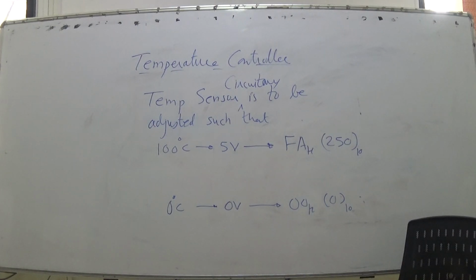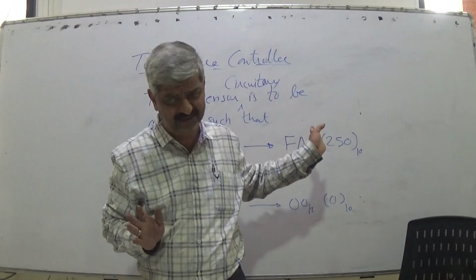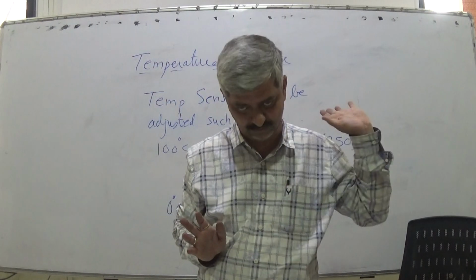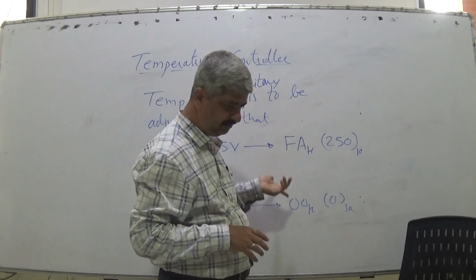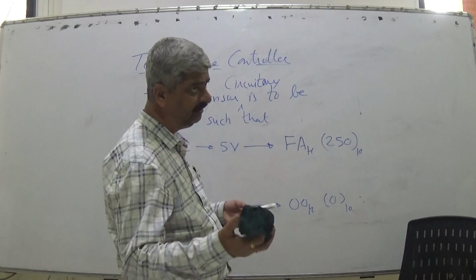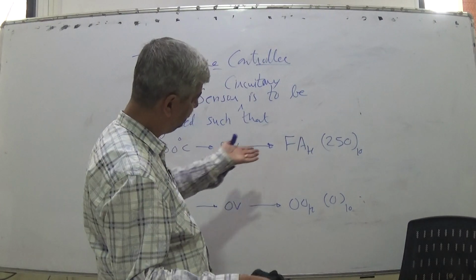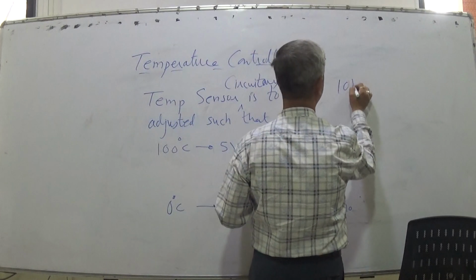Its output is connected to a circuitry that generates 0 to 5 volts, which is connected to the ADC. Right now I am taking an 8-bit ADC. In Arduino there is a 10-bit ADC. We can go for that also.